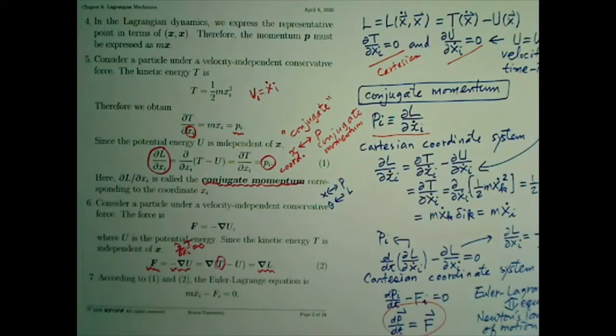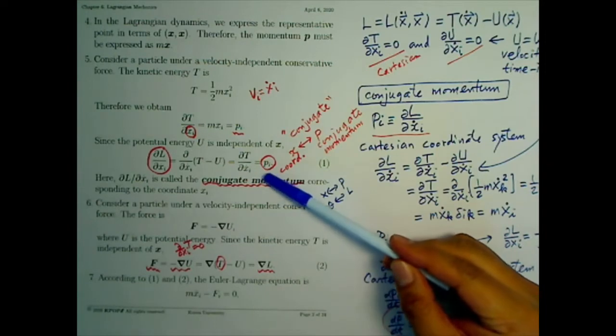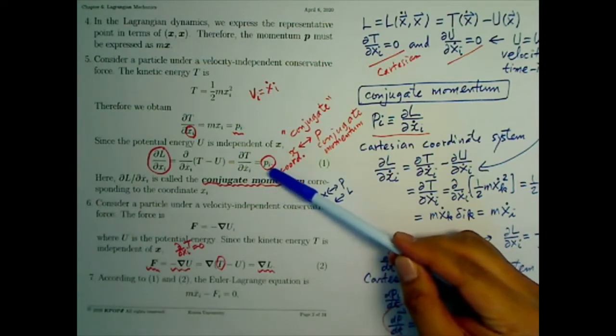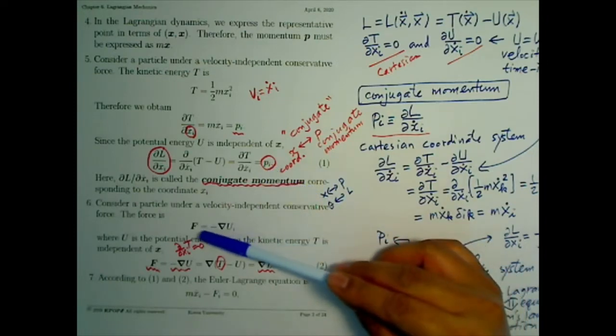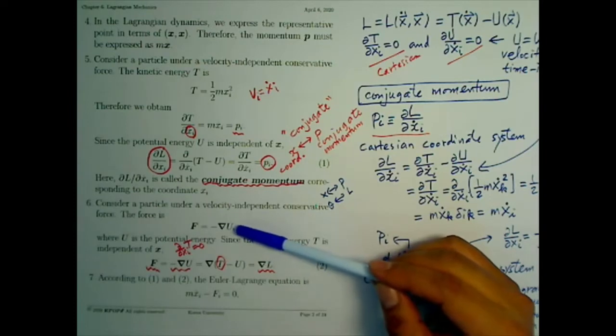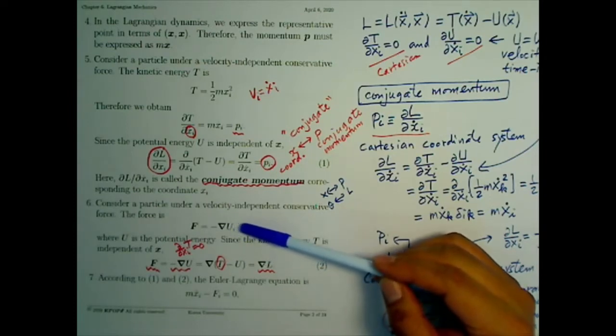And again, in summary, momentum is pulled out from the Lagrangian by taking the partial derivative with respect to the velocity, and force can be obtained by taking the minus gradient of the potential energy.